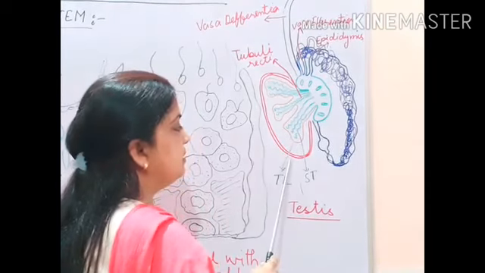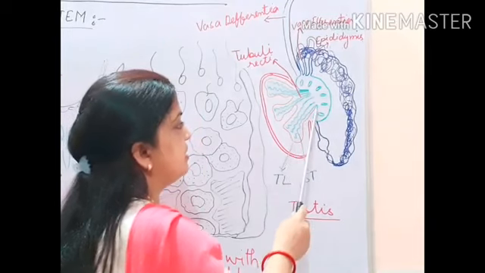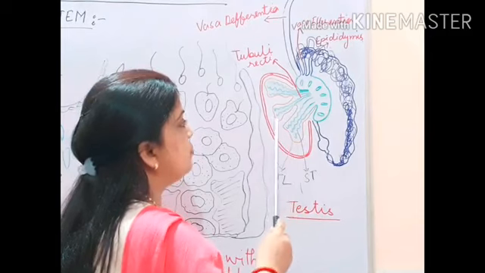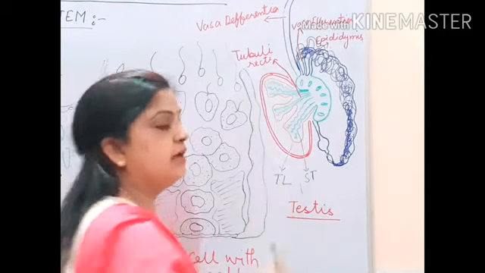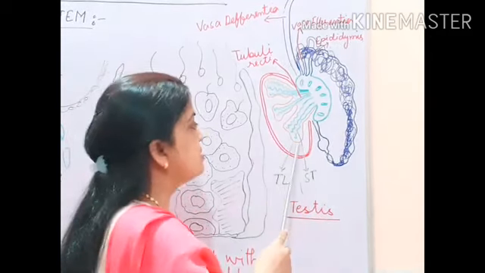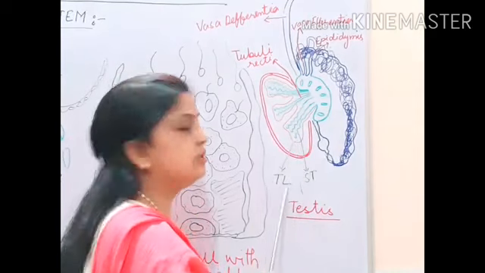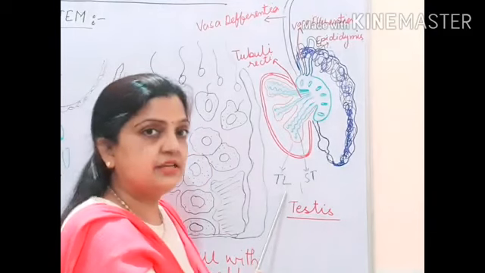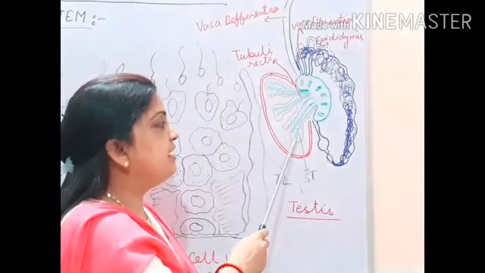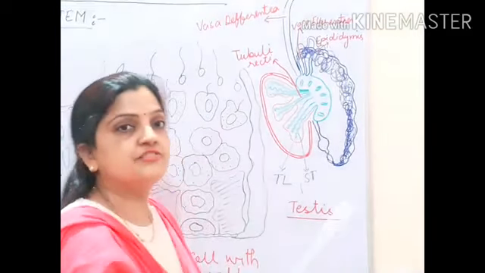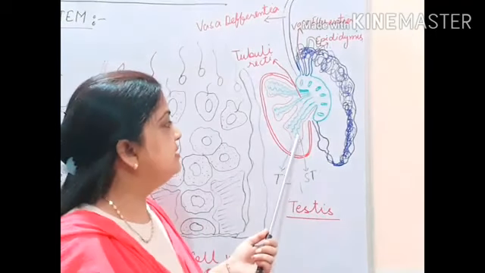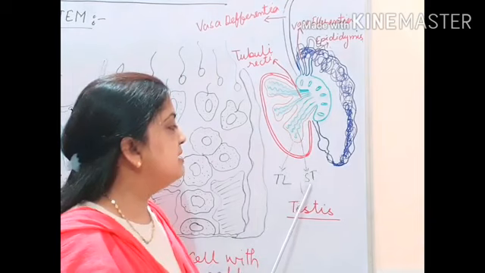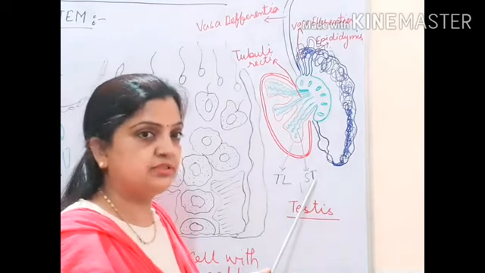In the internal part of the testis, you can see this orange color lining I have drawn. These are the small tubules, and you know that these are called testicular lobules. Inside these testicular lobules, very fine coiled-like structures are present, and these are called seminiferous tubules.